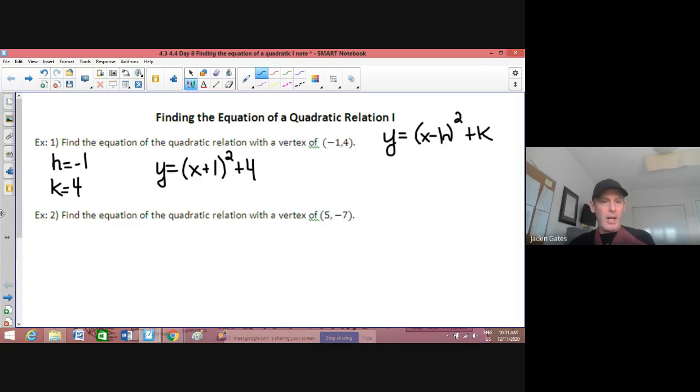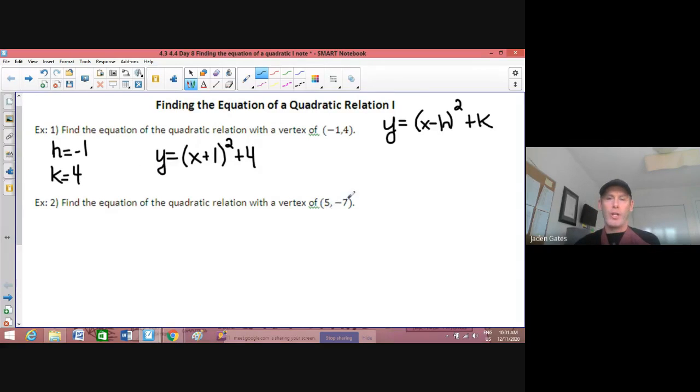All right, same with this one here. Find the equation of the quadratic equation with the vertex of (5, -7). Again, that means this vertex has been shifted right 5, down 7. And so again, that means my h value here is 5, and my k value is -7, down 7.